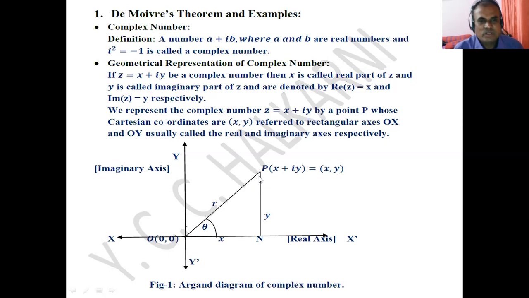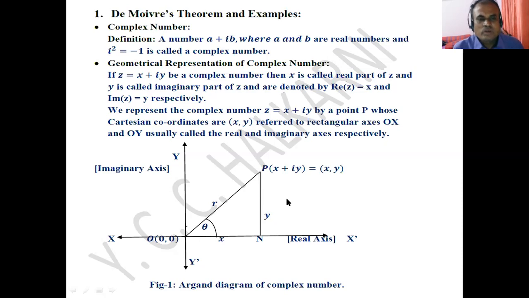So this distance from the y-axis to the point is denoted as the real part x, and another value y is the distance from the x-axis to the point P. So this distance is denoted by the imaginary part y.